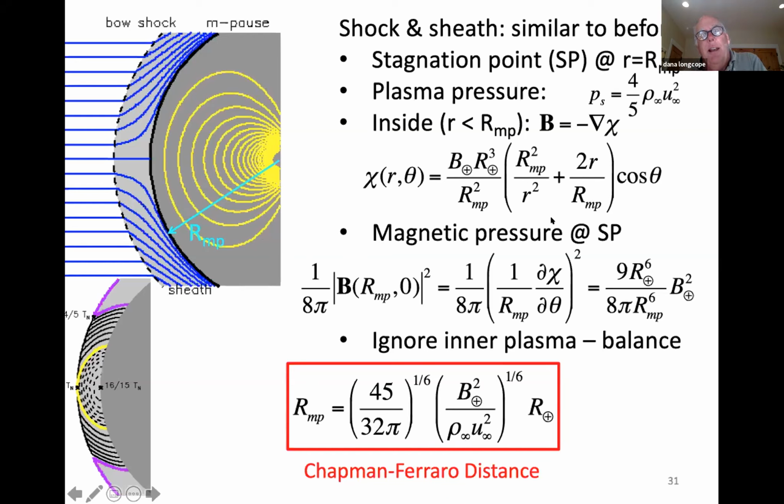So I put in some math here because I want to be honest about it, but really what we're saying is the magnetic field is falling off as 1/r³. The magnetic pressure is falling off as 1/r⁶. And that magnetic pressure has to balance the solar wind pressure. So voila, the standoff distance is the inverse 1/6 power of that.